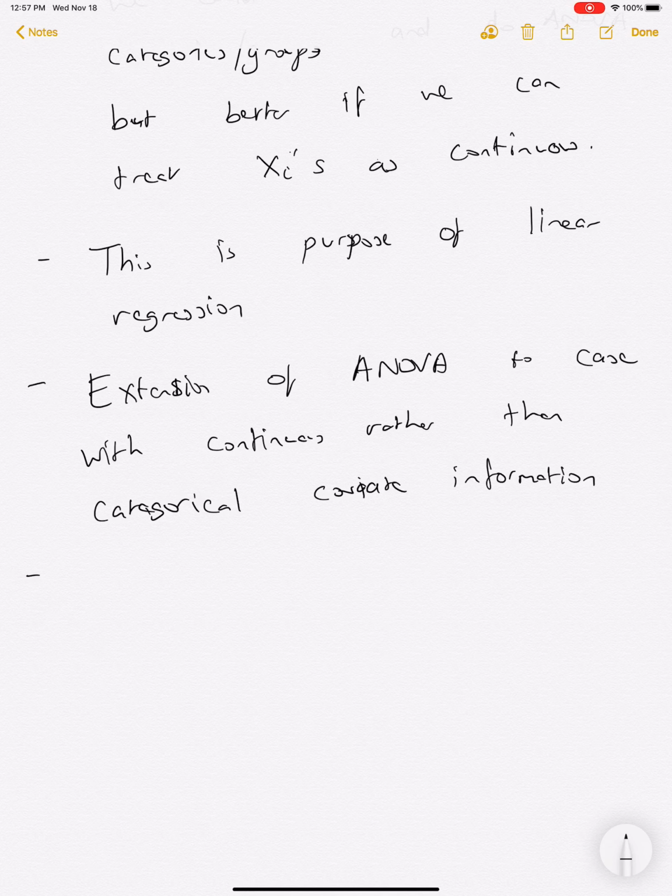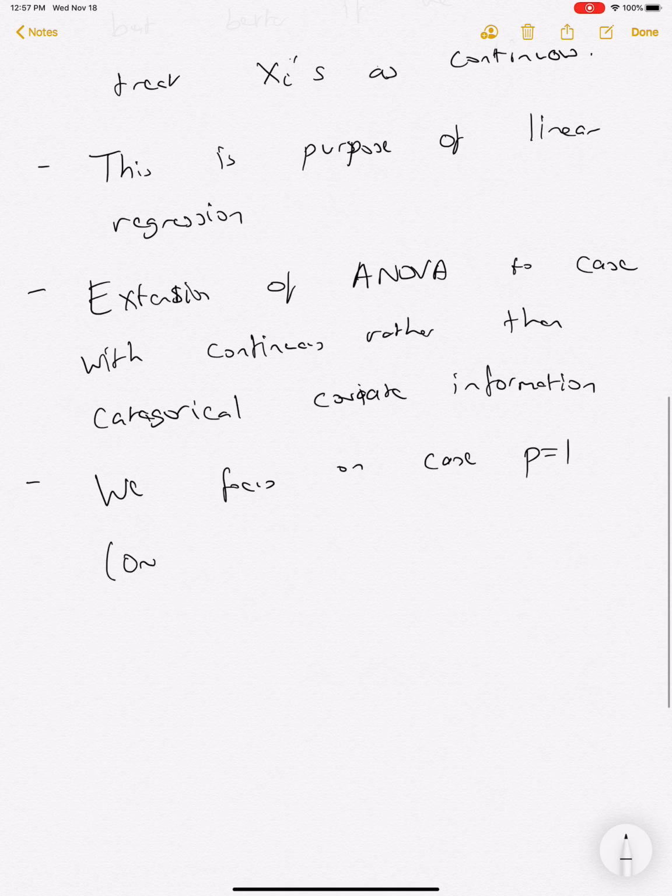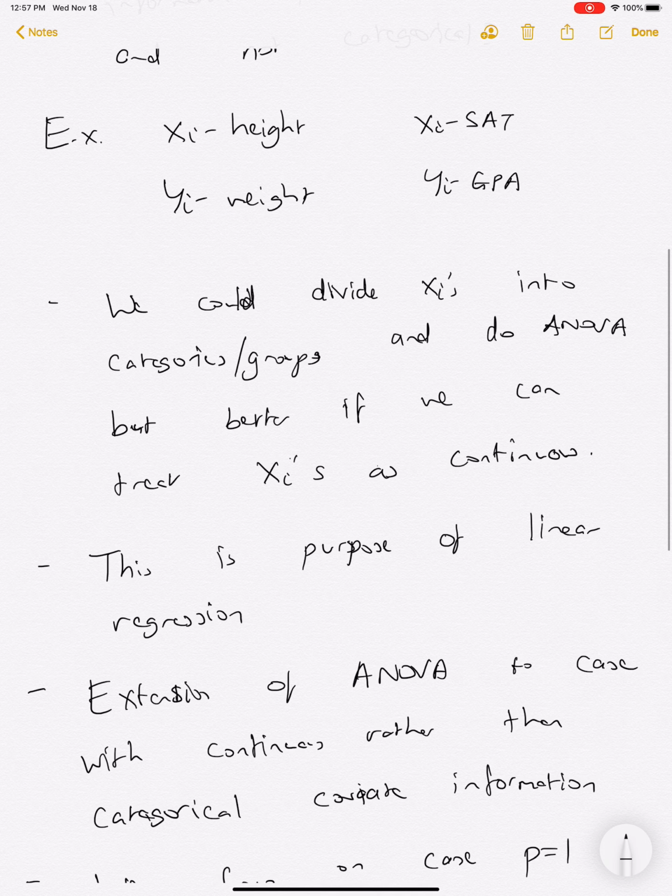To be clear, we consider the case p equals 1, which means that there's one covariate. In the textbook, they start with the general x1 through xp, where you might have various different covariates. If you're looking to model weight, you might have height as one feature, and country or gender as another feature.